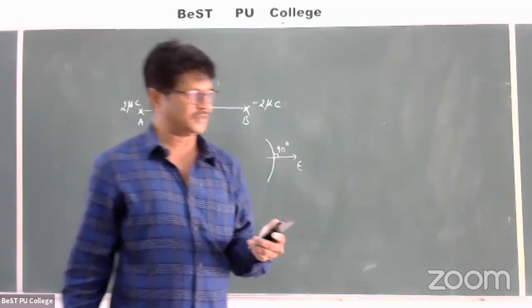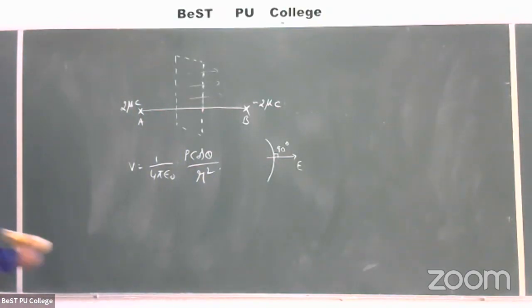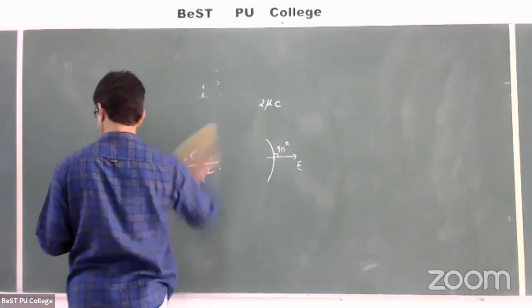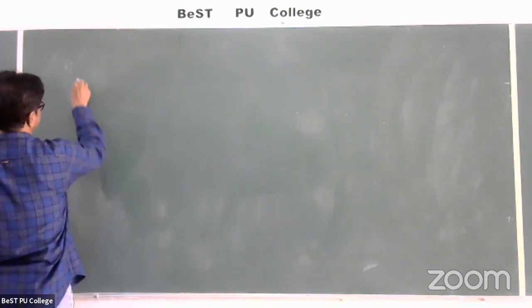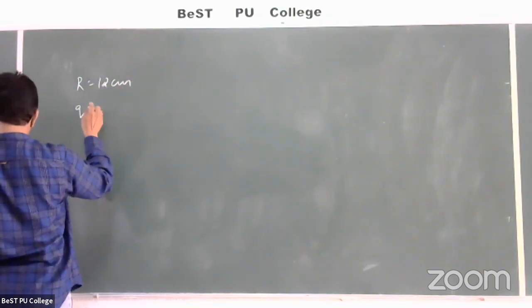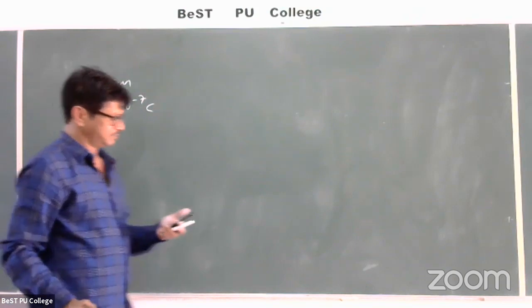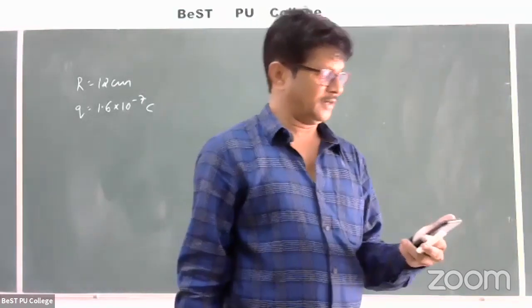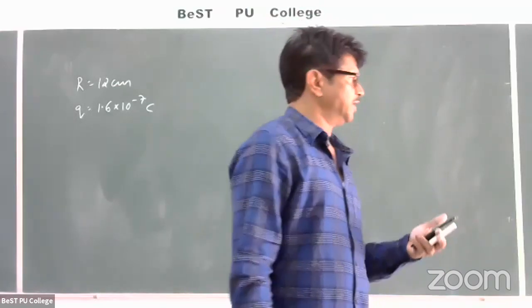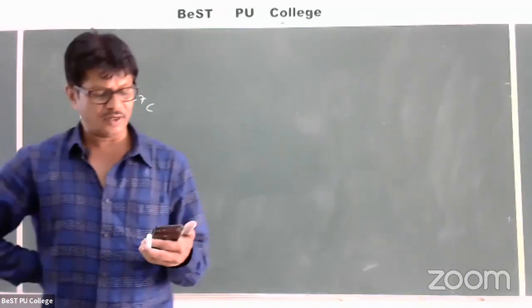A spherical conductor of radius 12 centimeter has a charge of 1.6 into 10 to the power of minus 7 coulomb, distributed uniformly on its surface.